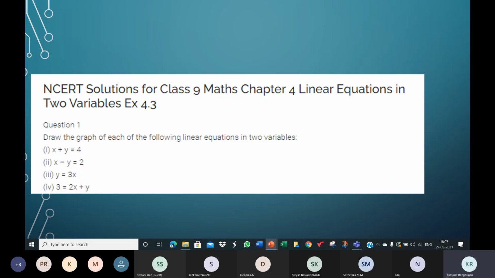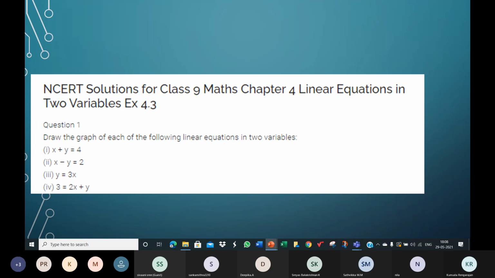Yes, is the graph ready? Share your picture on WhatsApp. Yes, I'll be happy to get some pictures of the answer on WhatsApp.